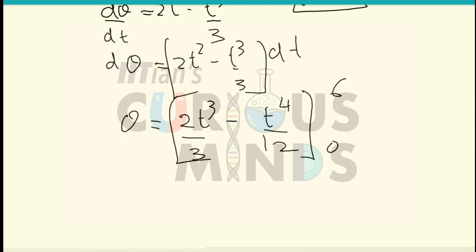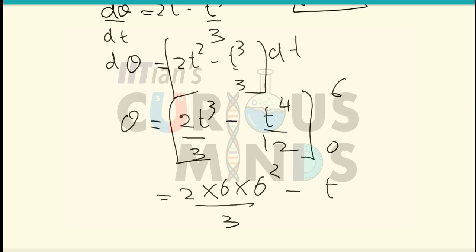Substituting, it will be 2 into 6³ divided by 3 minus 6⁴ divided by 12.